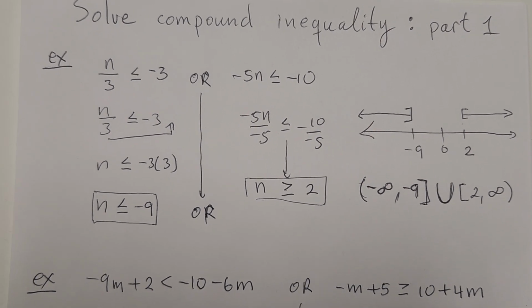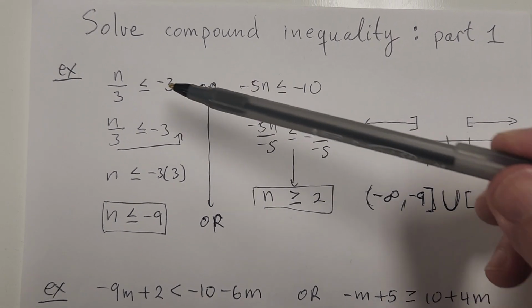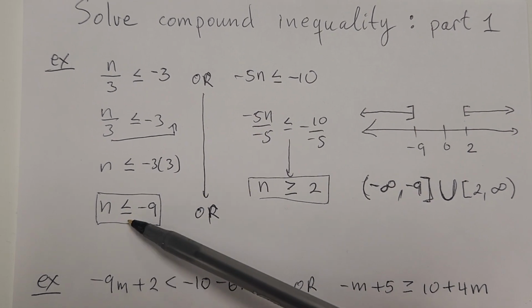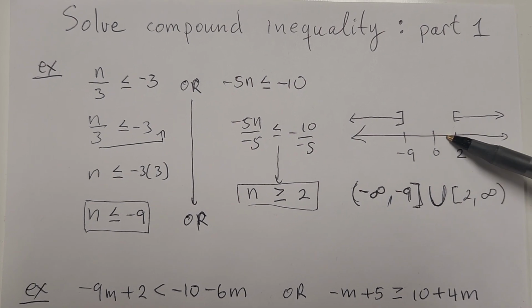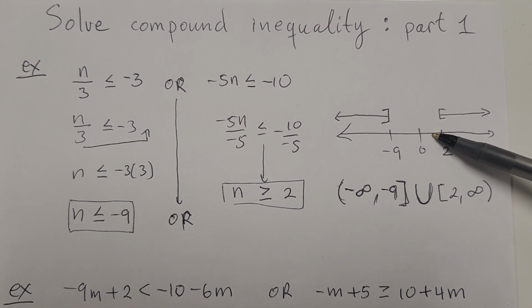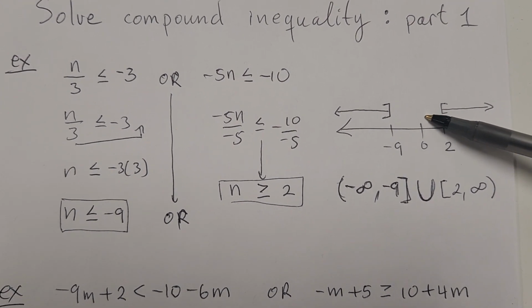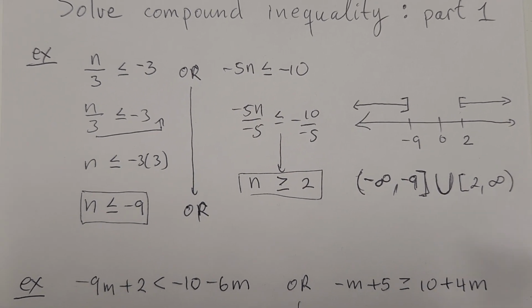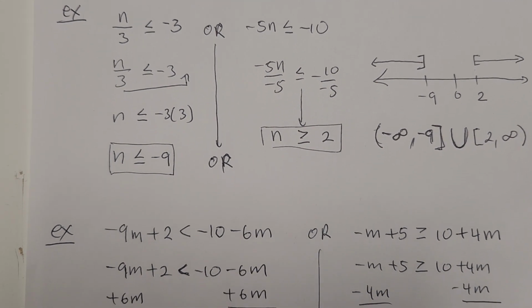So this is to solve the left side and the right side. Now use the answer to graph the answer. After you graph the answer, write it in interval notation. So that's the first example.